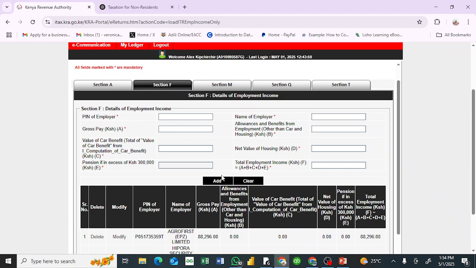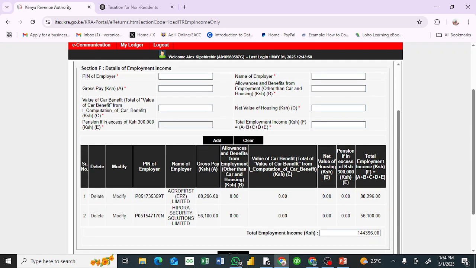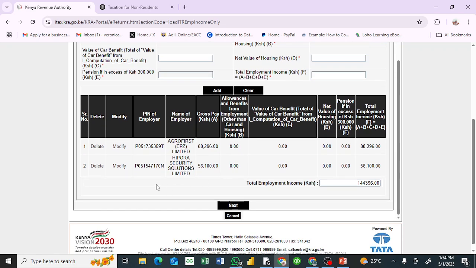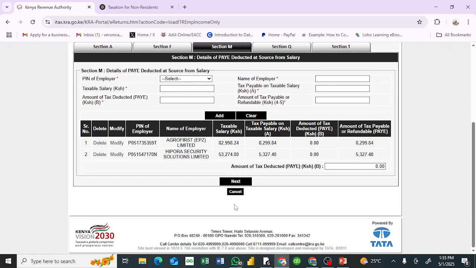So here inakuja all these sections pre-populated. So kazi yako tu ni confirm if these amounts tally with what you have on your P9. Yes. You press next.